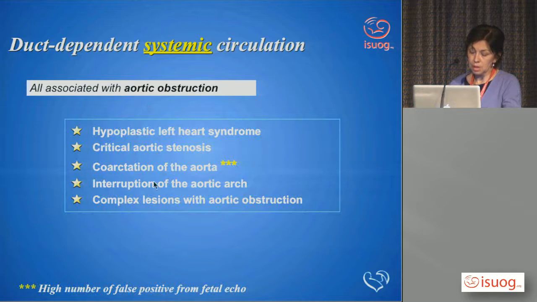So this is more or less the list: hypoplastic left heart syndrome, critical aortic stenosis, coarctation of the aorta, for which Dario has already said there is a high number of false positive cases, interrupted aortic arch, and anything that is very complicated that has an associated aortic coarctation.